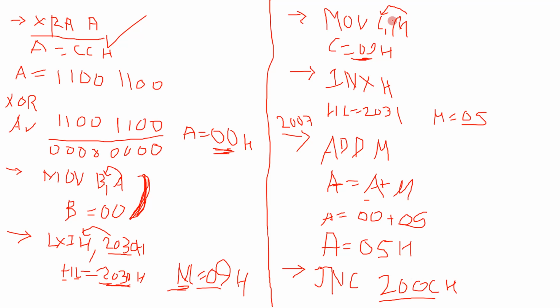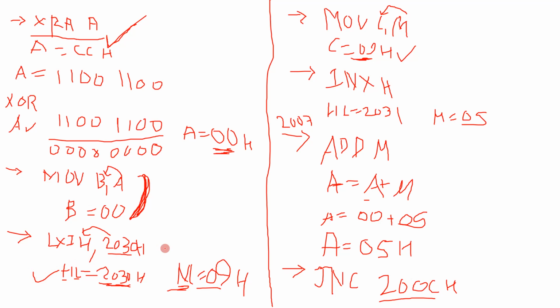The next instruction is MOV C, M. So the contents of M are copied into the C register, which is 09. The C register is going to help us run the loop 9 times, and the loop will help us add 5, 9 times. So we know the reason for using the A register, the C register, and the HL register pair.